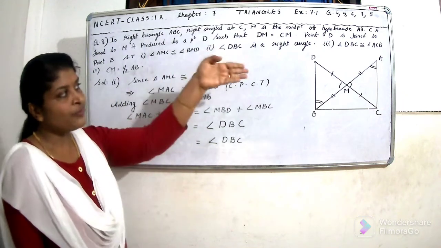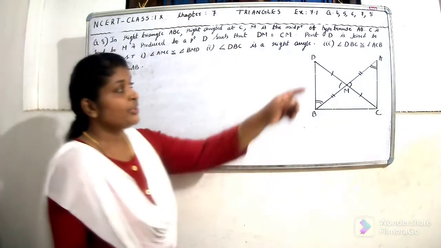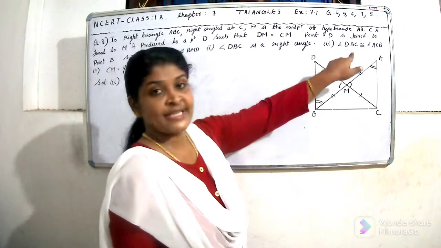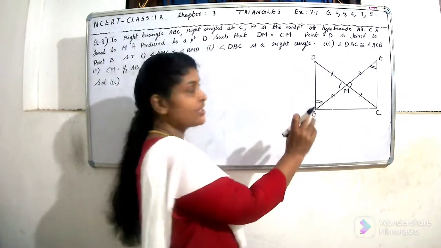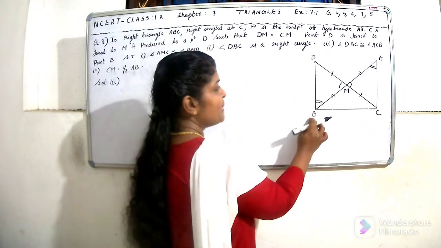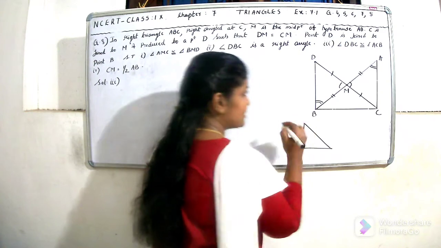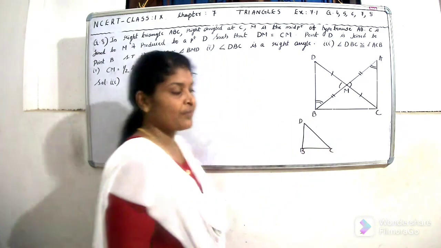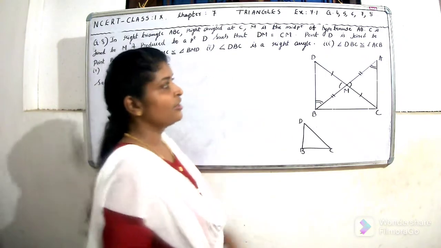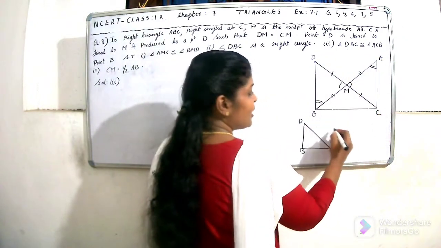Now move on to the third one. In the third part, where is angle DBC? First of all, we will locate triangle DBC, this angle DBC, taking the angle this way. Then ACB.